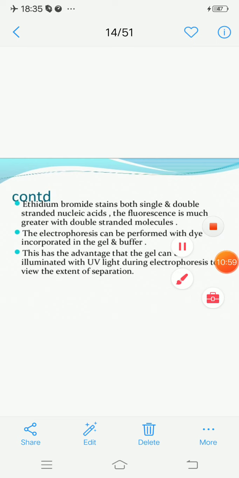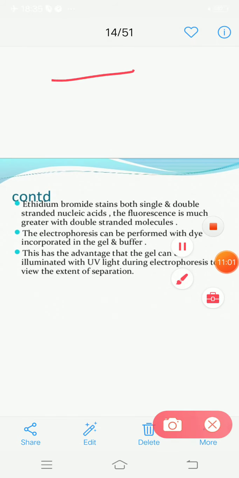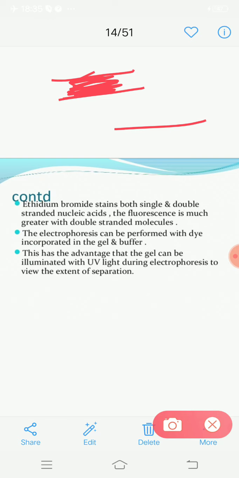Yes, it is very simple. If there is a double stranded molecule and ETBR goes and binds here, the fluorescence is more. If it is a single stranded DNA molecule, ETBR goes and binds here, so fluorescence is less. So ETBR can bind to both double stranded and single stranded, but fluorescence is more in case of the double stranded.